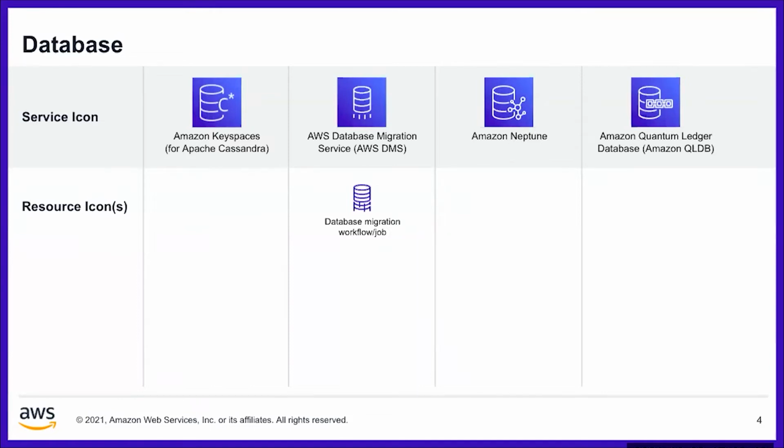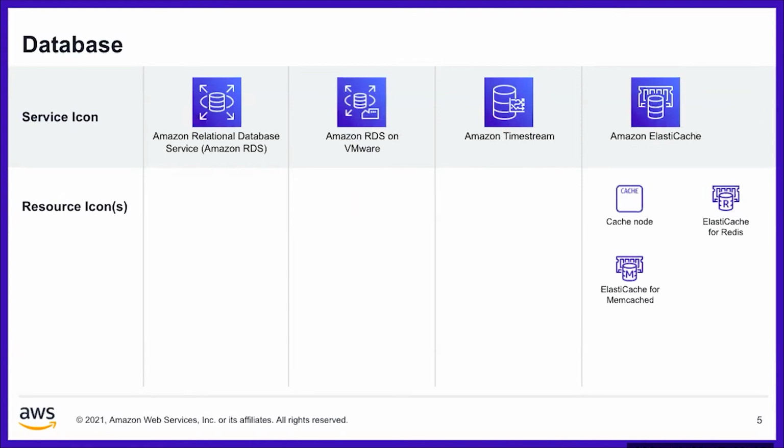There is Neptune, which is a graph-based database. We will go deep into each of those databases and what particular use case it handles. Quantum Ledger Database is also there for transactional types of queries and other operations. We have core RDS, which is handling all other relational database services.